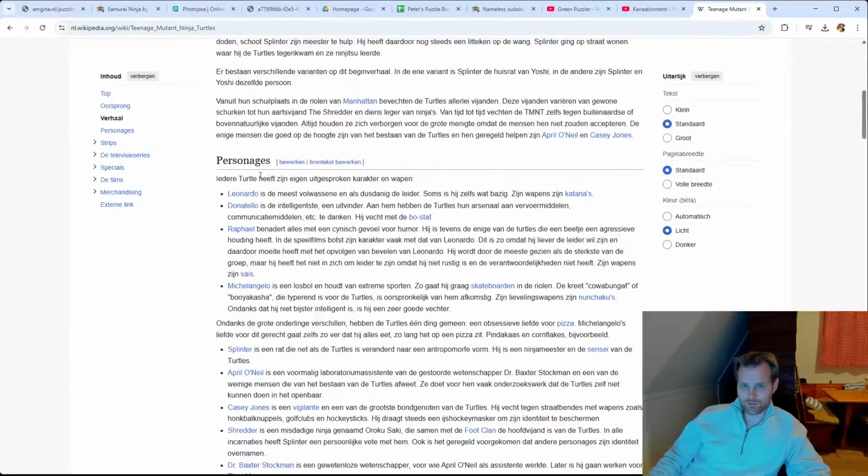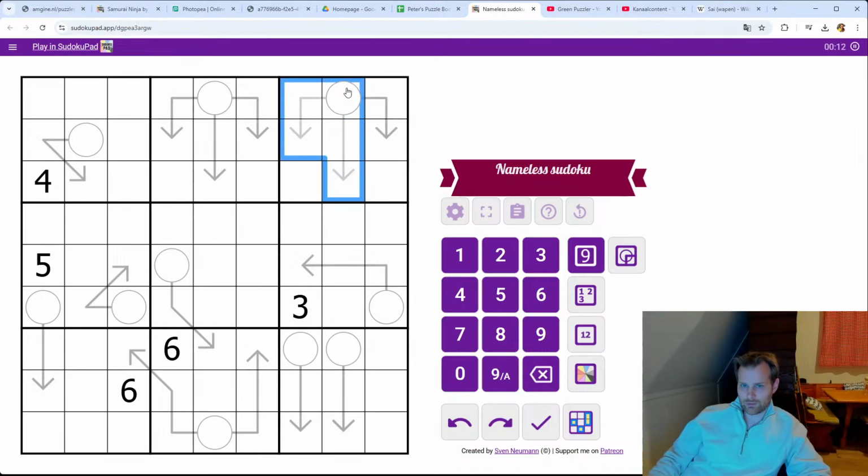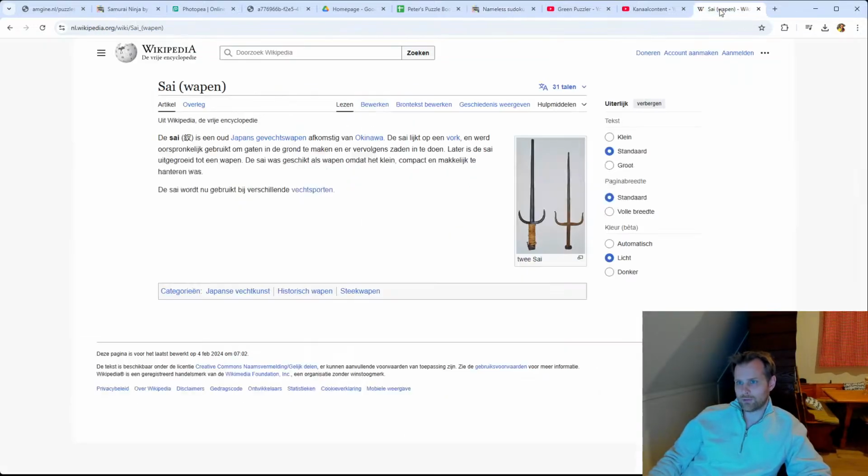Raphael is one of the turtles, and he has the sai. Each turtle has a different weapon, and this weapon looks like, where was it? This one. So this looks like one of those sais.